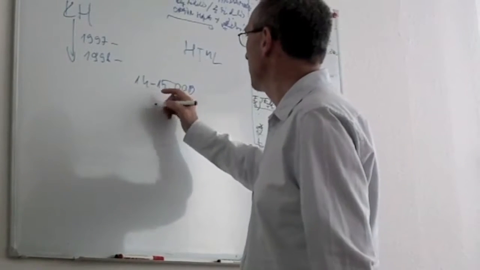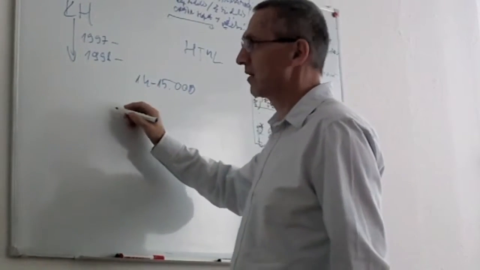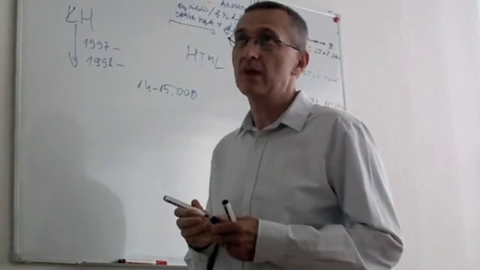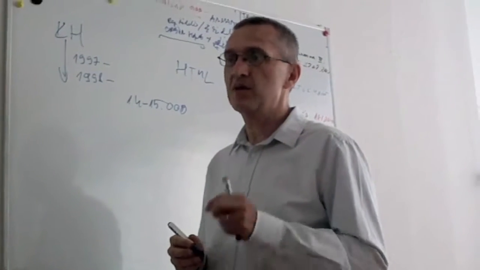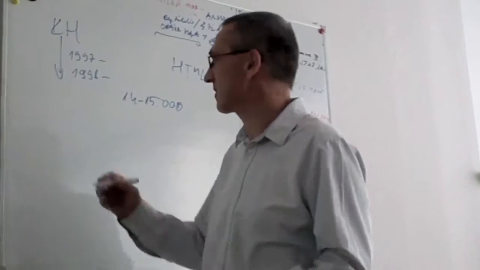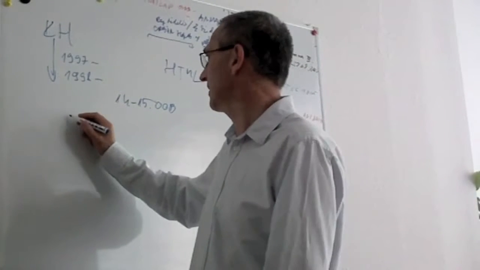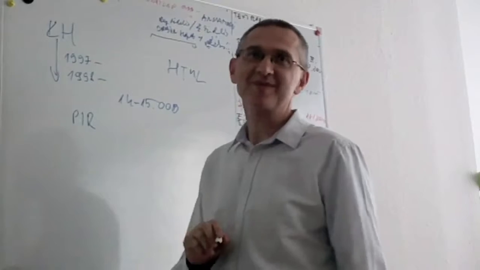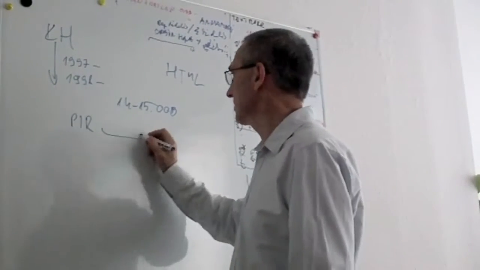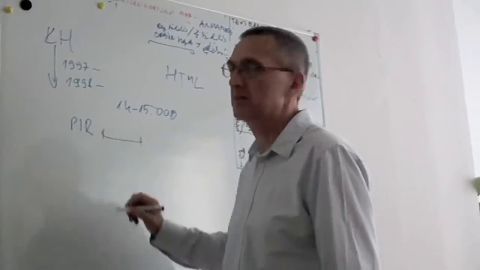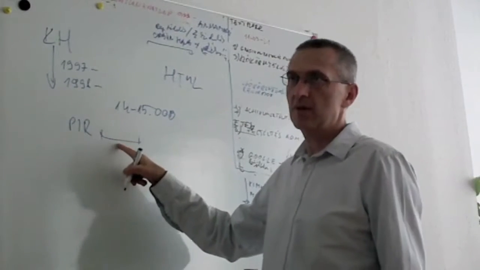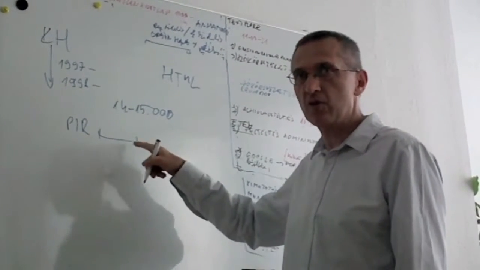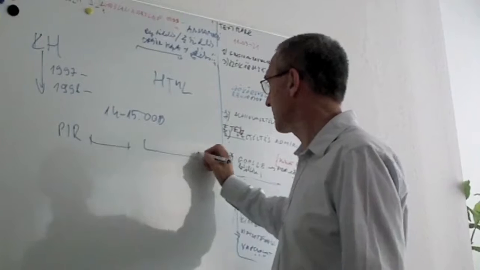And each institution has an individual code. In Hungary they call that PIR code. It's a numeric code, and this code exactly shows the one institution.